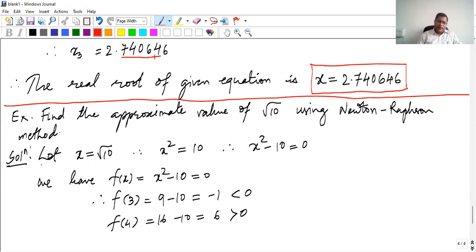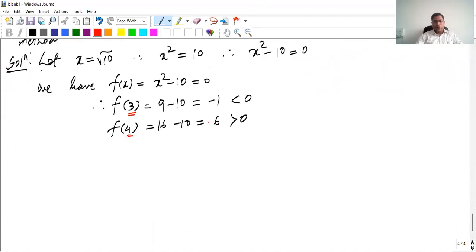This guarantees that the root is in between 3 and 4, so the root is in (3, 4).